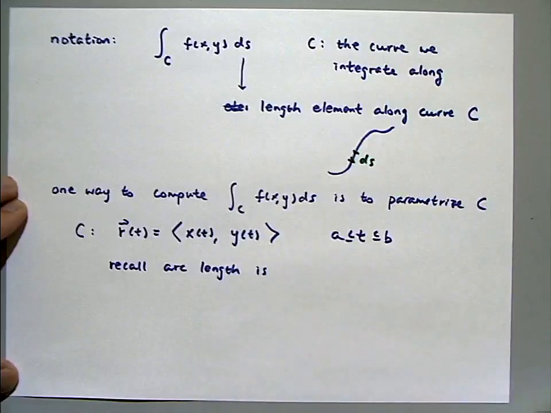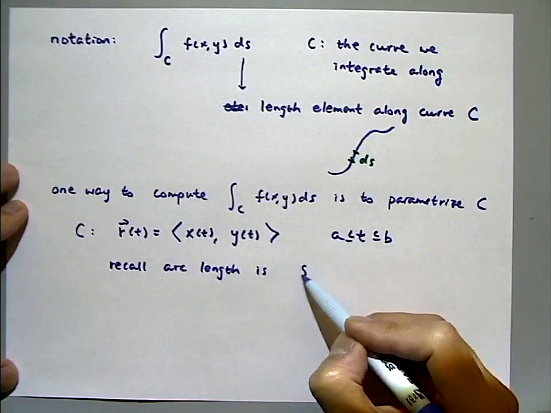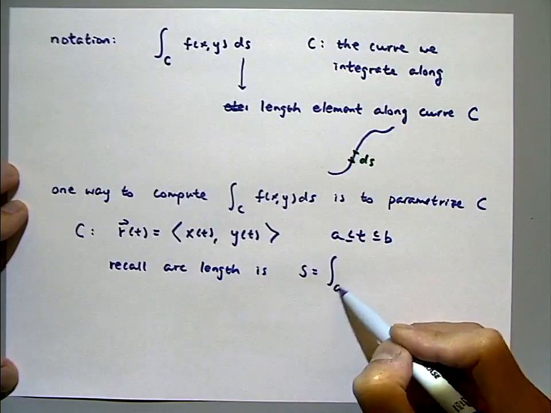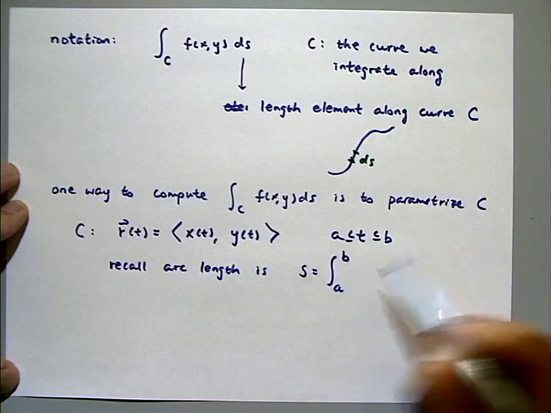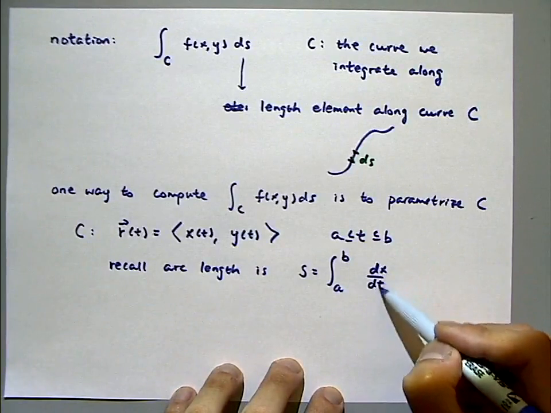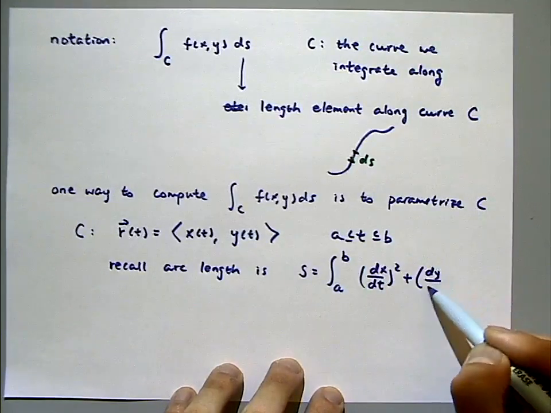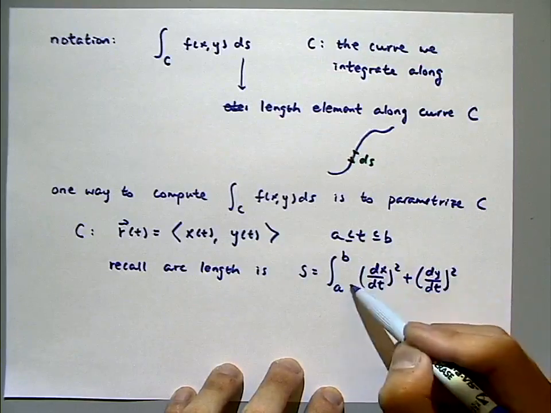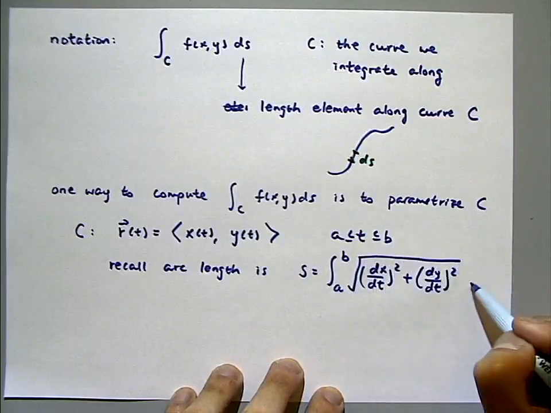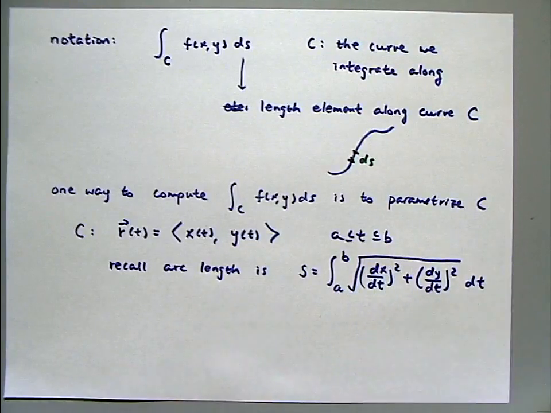Remember the arc length of this curve, we saw this formula earlier, called S, is the integral from a to b of the square root of (dx/dt) squared plus (dy/dt) squared, with respect to dt.